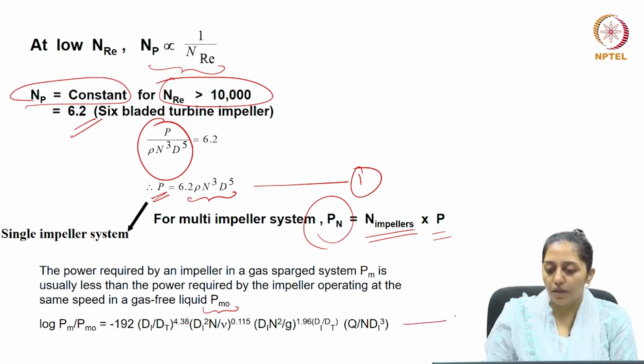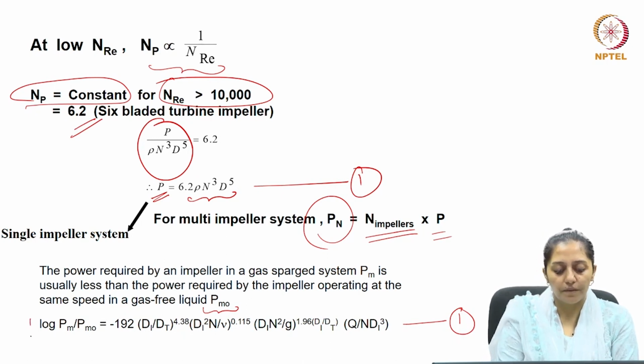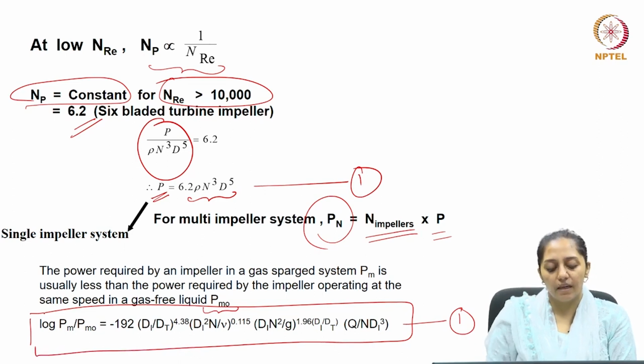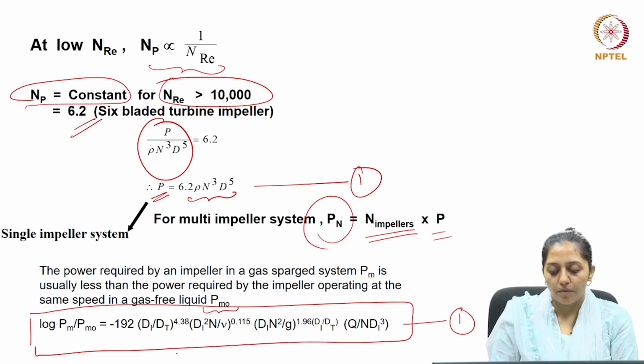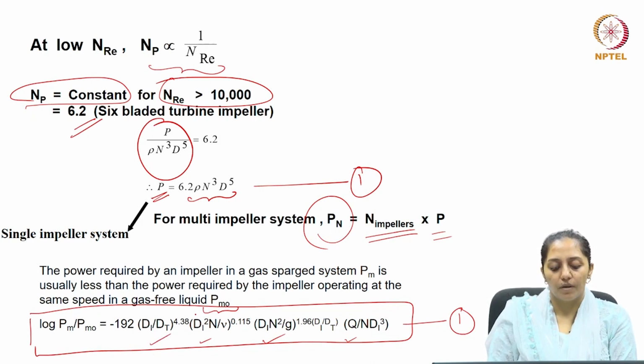Then the correlation given here at the bottom is generally used to relate the gassed and ungassed power requirement with the functions of aeration number, Froude number, Reynolds number and your length ratios, where it is di by dt. dt stands for the tank diameter and di is the impeller diameter.